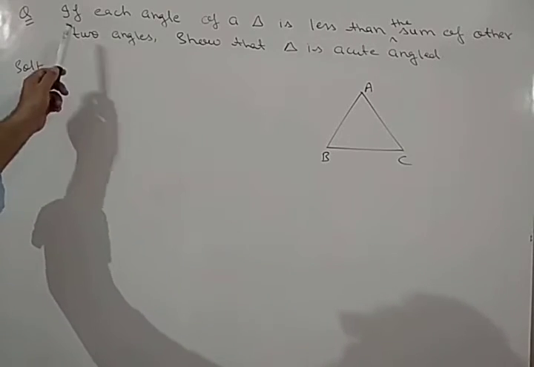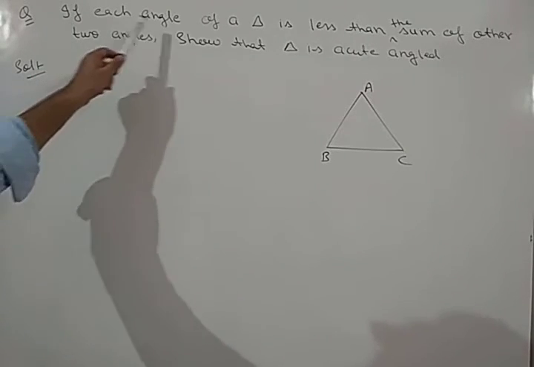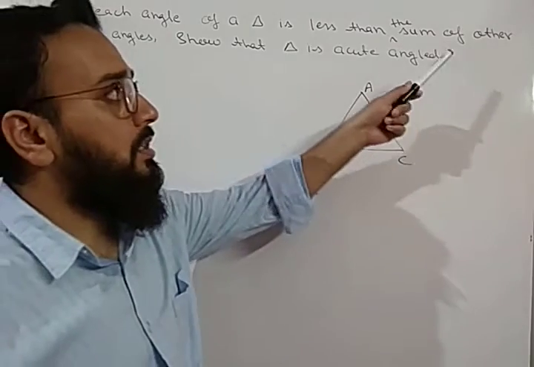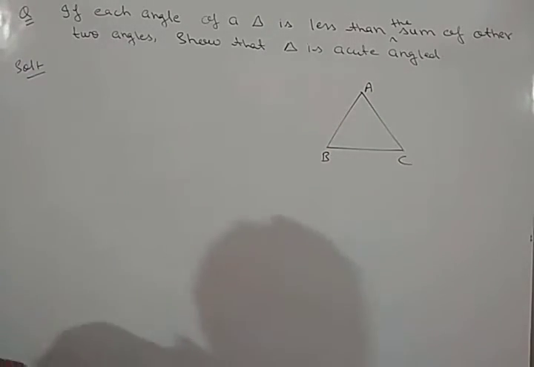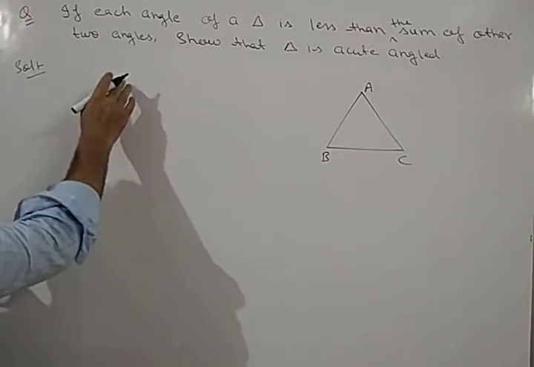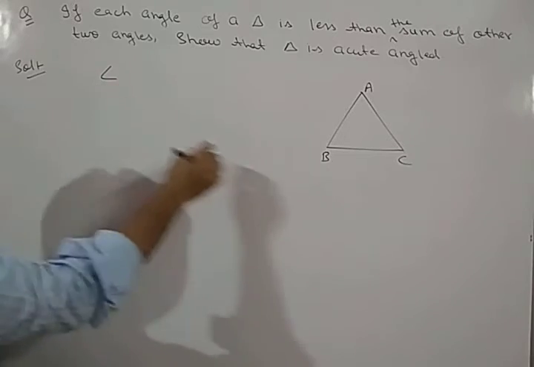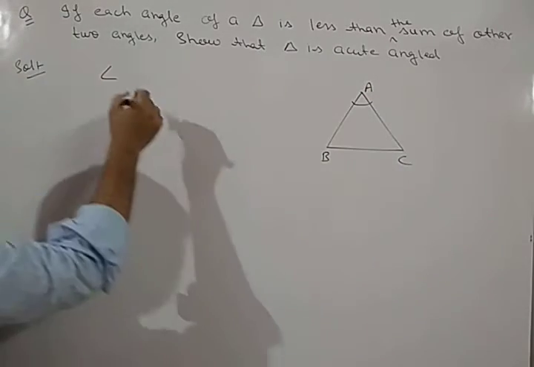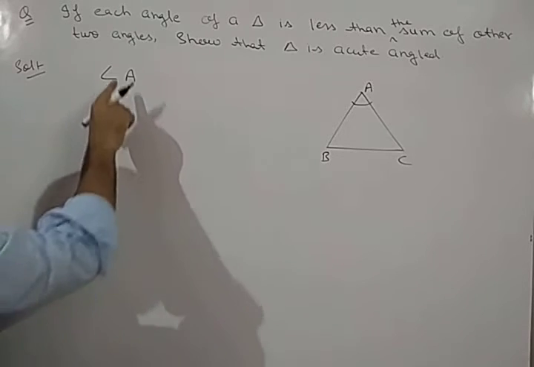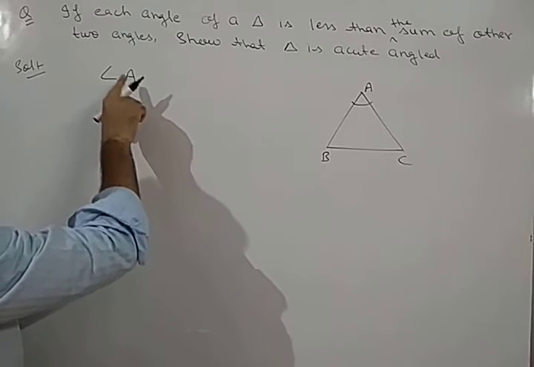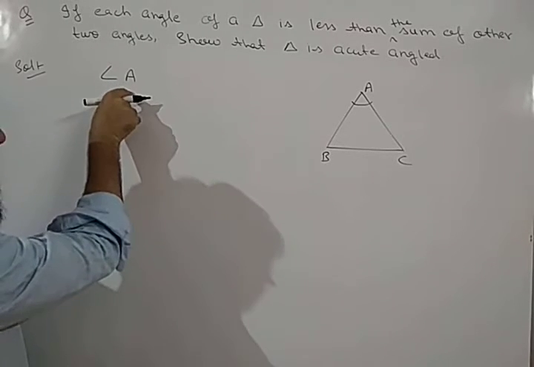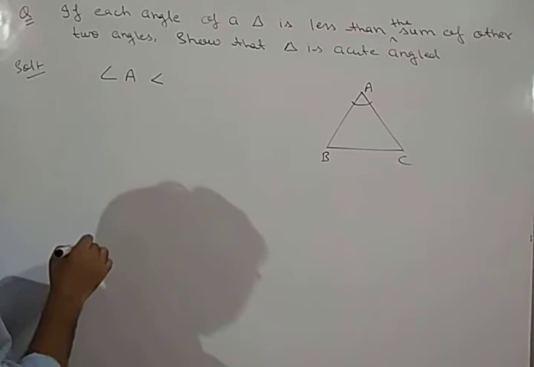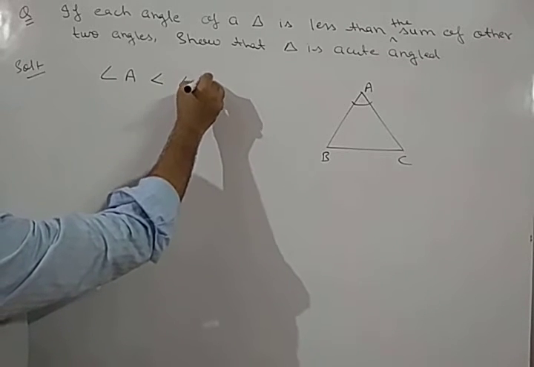So what condition is given? If each angle of a triangle is less than the sum of other two angles. So first I am using the condition. Let us consider the first angle is angle A. If we are considering angle A, then it is less than the sum of other two angles.